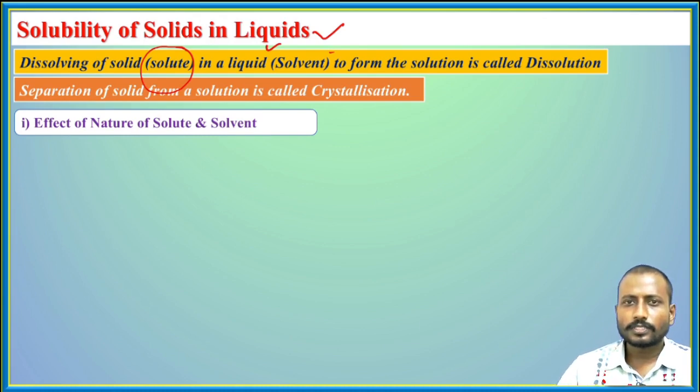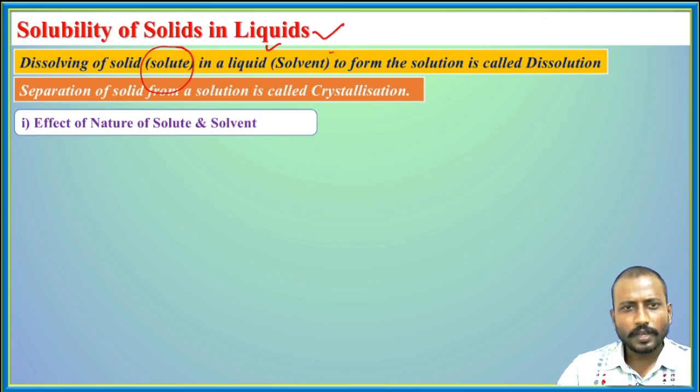So dissolving a solid into a solvent to make a solution is called the dissolution process, and the opposite process, separation of a solution into solid and solvent, is called crystallization.